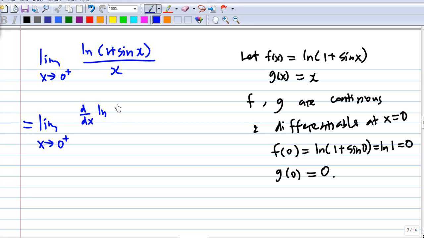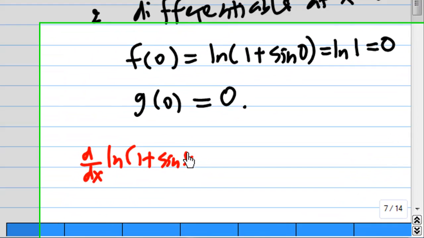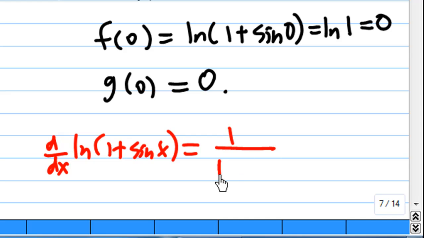Differentiate ln(1 plus sine x) over the differentiation of x. Now you recall, how do you differentiate ln(1 plus sine x)? The differentiation of ln(1 plus sine x) is equal to 1 over (1 plus sine x), and then differentiate 1 plus sine x.